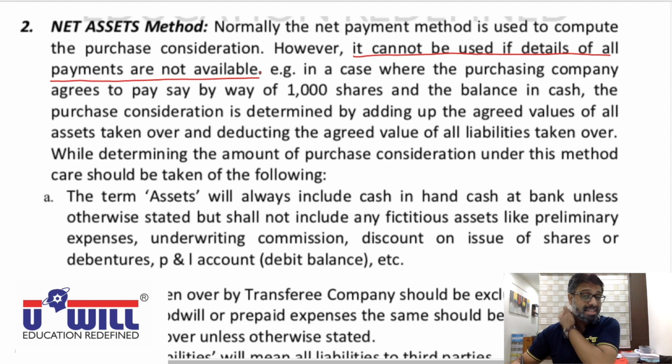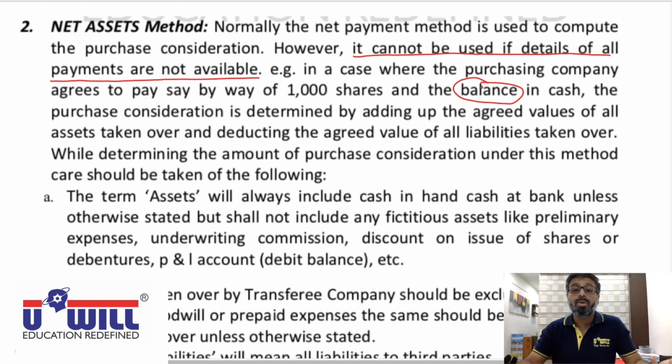So particularly this net asset method will come into force in any question only when the amount of any mode of payment is missing. Example: a case where the purchasing company agrees to pay, say, by way of 1000 shares, and the balance in cash. Balance means how much?